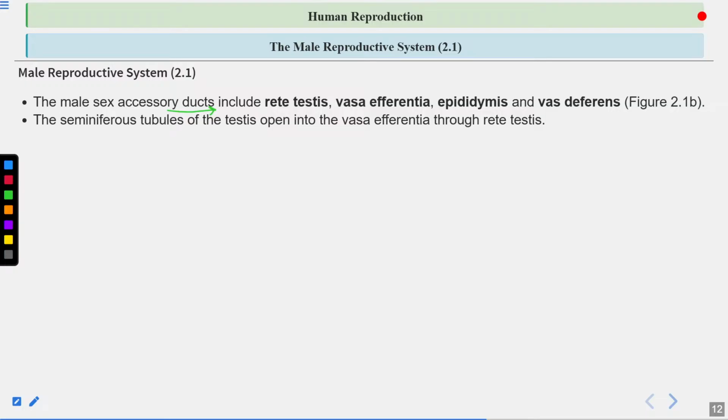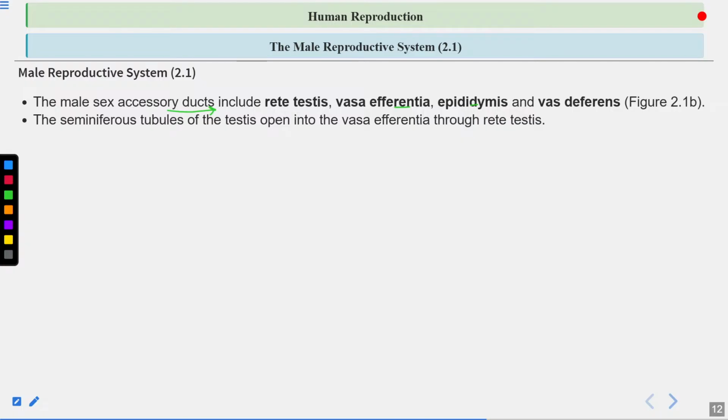This is a common function of all of these accessory ducts. Now we'll understand the individual role of these, and we will also talk about the pathway of the sperm, how the sperms travel from testes to outside of the body.